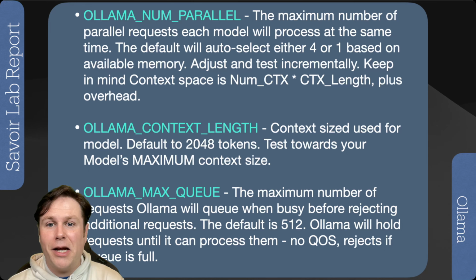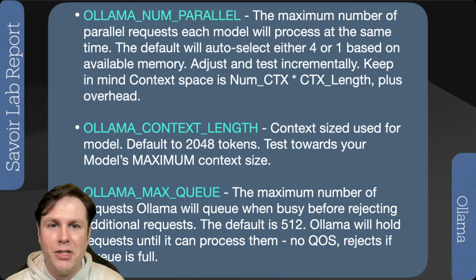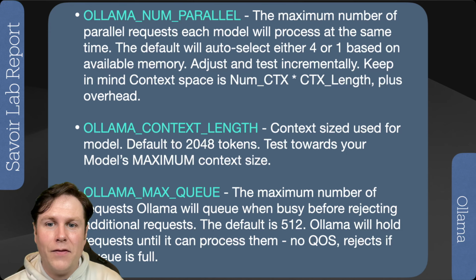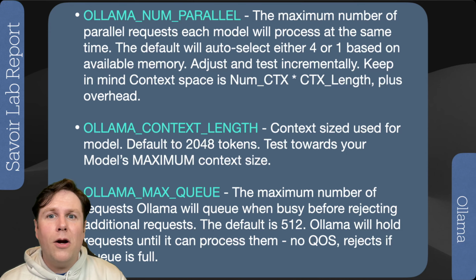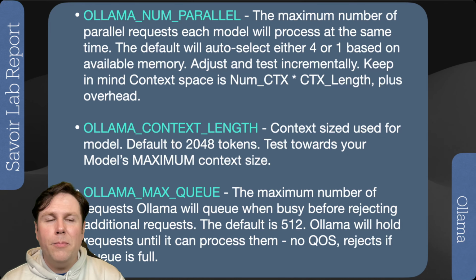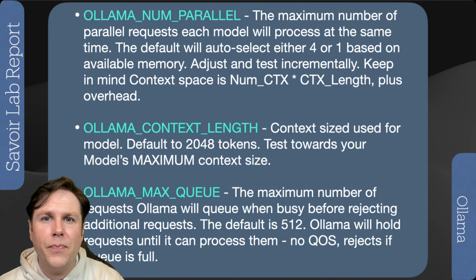So there's not really a priority lane or a quality of service to say that these messages have to be picked up and processed within so many seconds of reception. That is an area that your external application is going to have to handle. And with that, those are the key parameters we'd like you to tweak towards finding the best performance for your models running on your M4 Mac Mini.